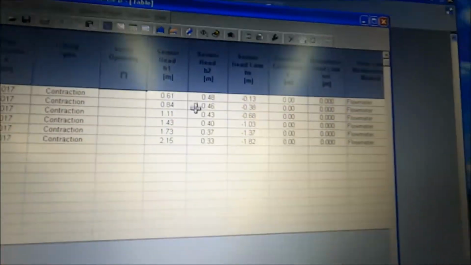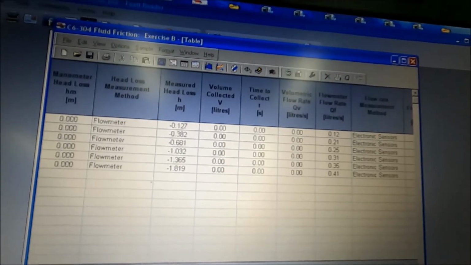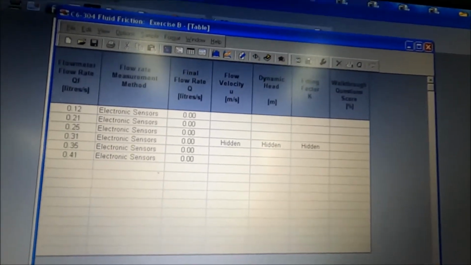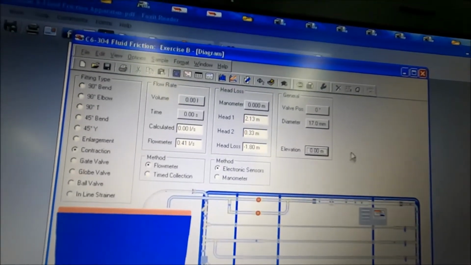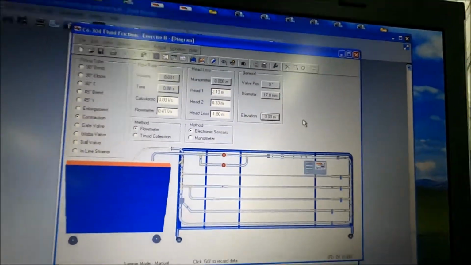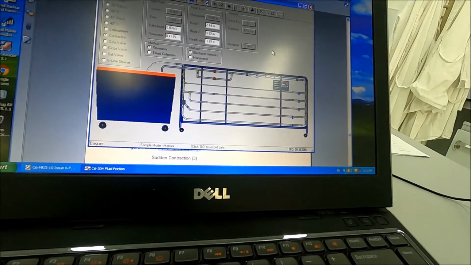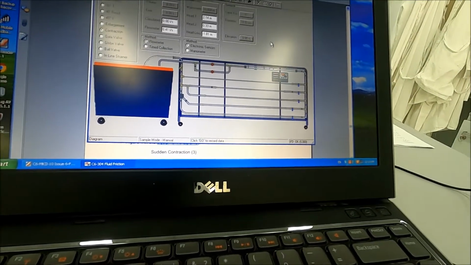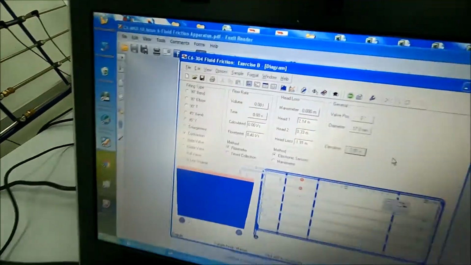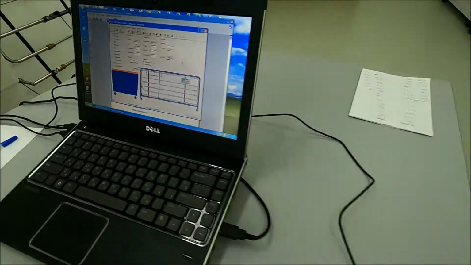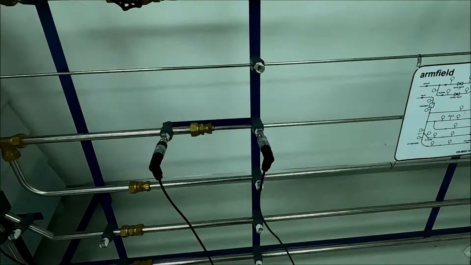Everything is collected over here in this table, and we will save this, and I will provide you this data. That's it for the sudden contraction fitting, and the flow is limited. The flow rate is limited because, as you see, there is a sudden contraction.